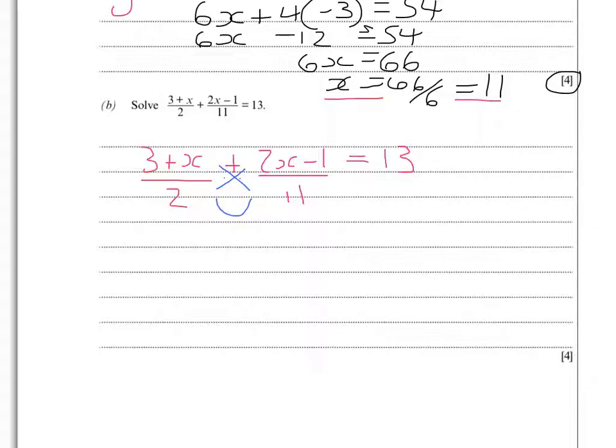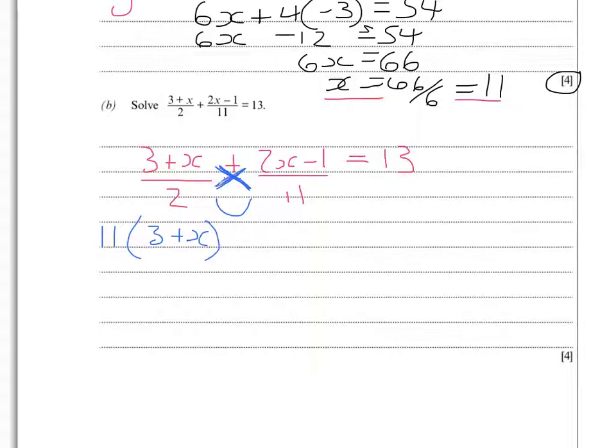I can make myself a common denominator on the left hand side, and if I then times both sides by that, that will get rid of my denominator. So firstly, I do 11 times (3 plus x). So that's this arrow.